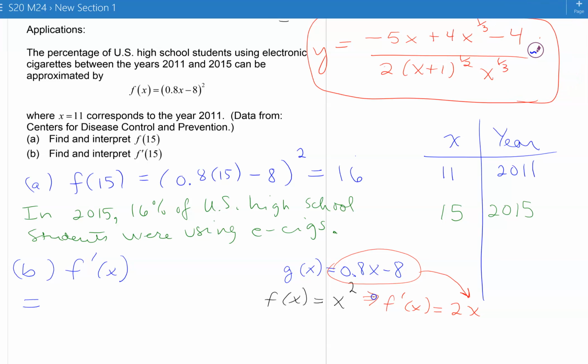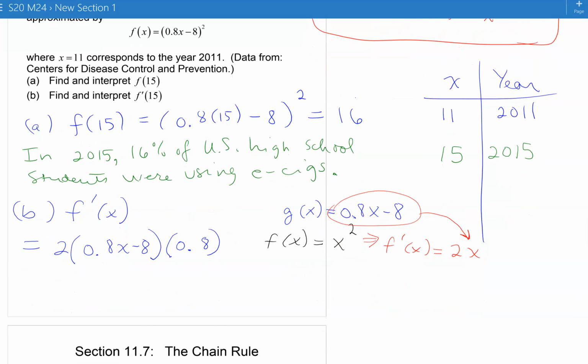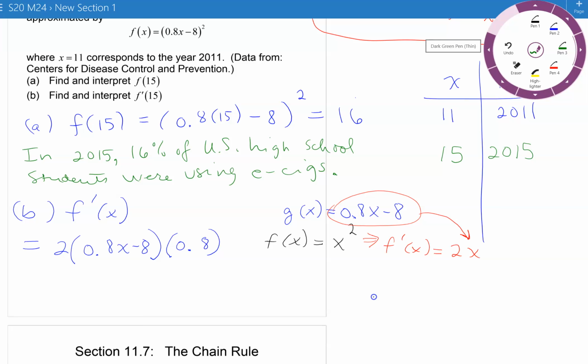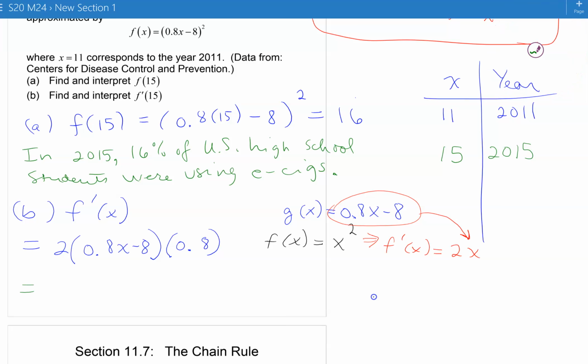So f prime is 2 times the 0.8x minus 8 times the derivative of the g function, 0.8. So we can write that a little nicer as 1.6 times 0.8x minus 8.